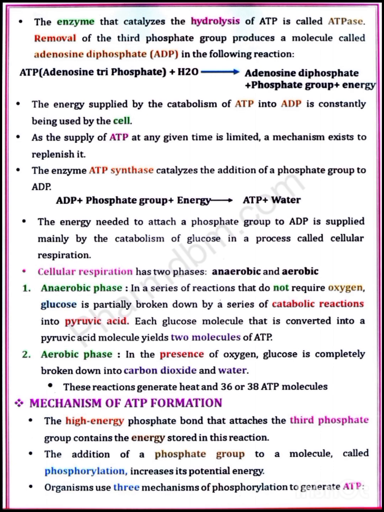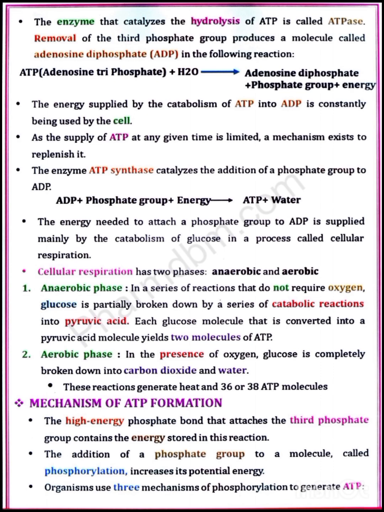Each glucose molecule that is converted into pyruvic acid yields 2 molecules of ATP. Aerobic phase. In the presence of oxygen, glucose is completely broken down into carbon dioxide and water. These reactions generate heat and 36 or 38 ATP molecules.